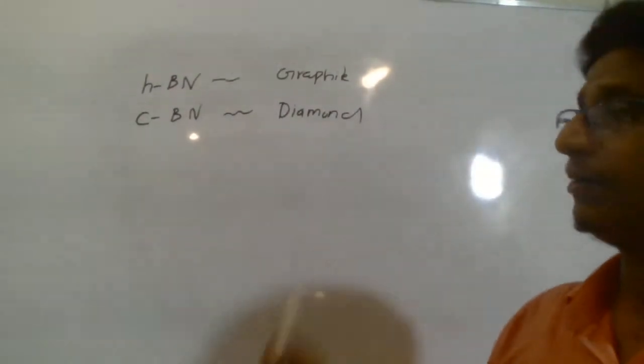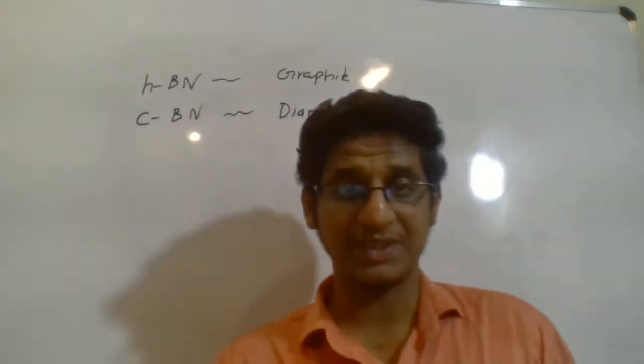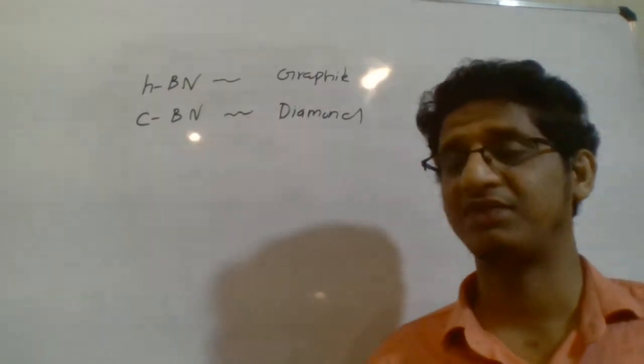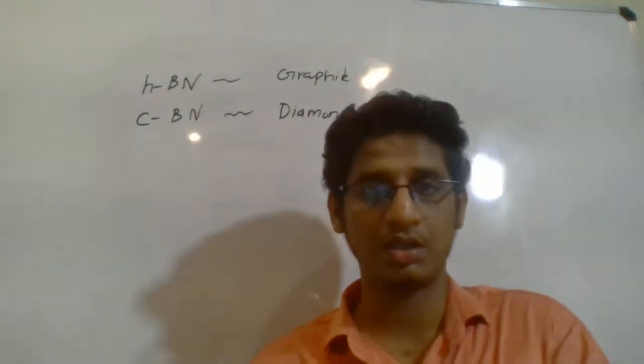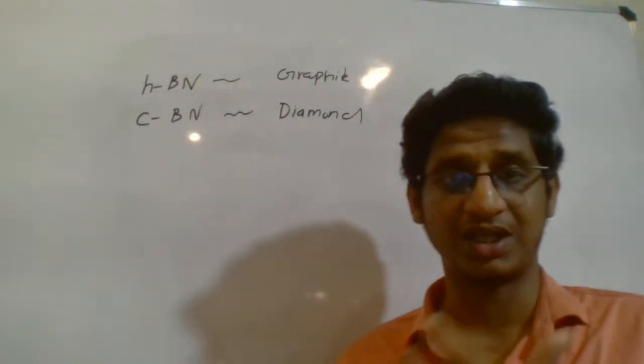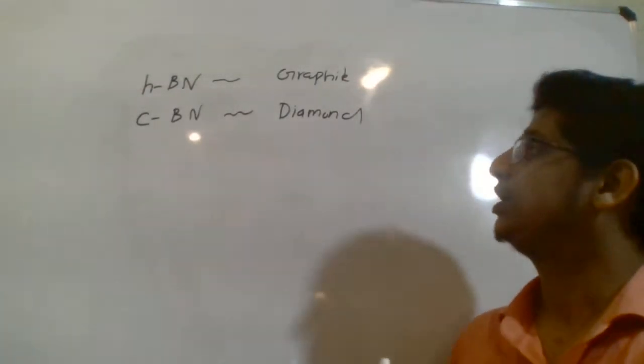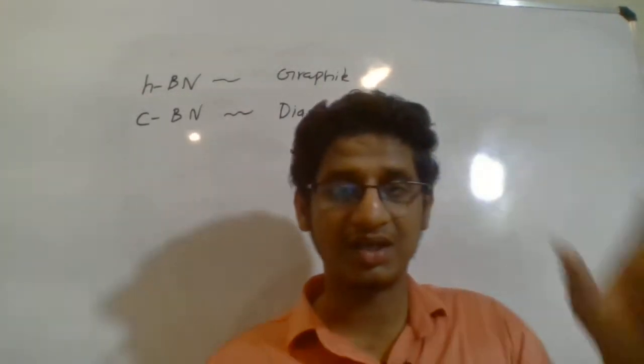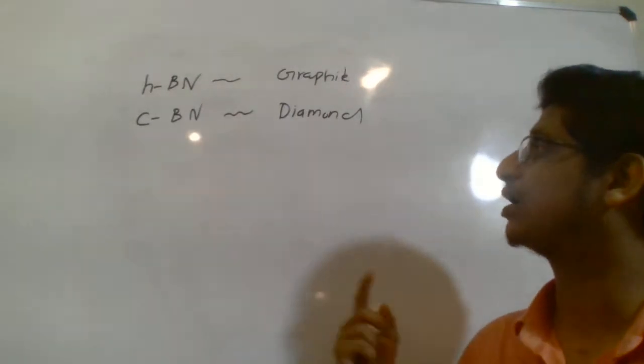In diamond, we know each carbon atom is sp3 hybridized, and it is a very strong material, one of the hardest substances. Each carbon atom is tetrahedrally surrounded by 4 carbon atoms.